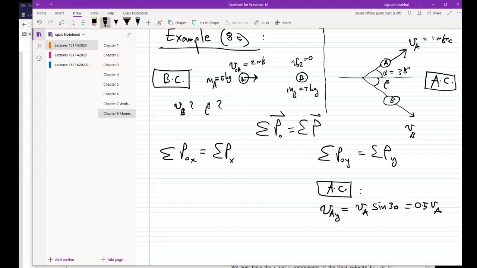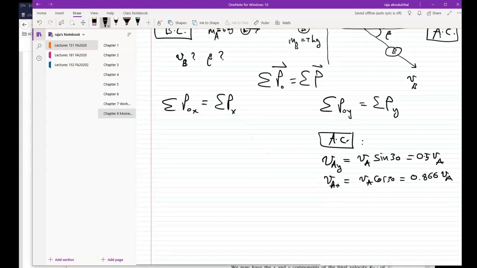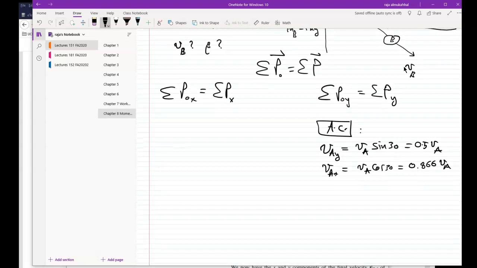VA, remember, is 1. And VA sub X is going to be VA cosine 30, and that makes it 0.866 VA. Is that okay? All right, and then for B, I hope you're taking notes.